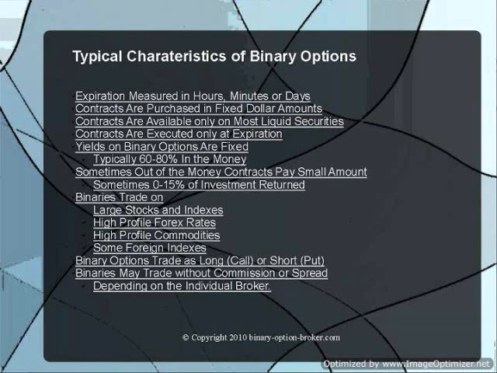Another difference is that there's no put or call premium on a binary option. Typically, a binary option is purchased for a fixed dollar amount, and the contracts are set at the spot price, so there's no put or call premium, and no spread between put and call price. You buy a fixed dollar amount on the binary option that you're interested in, and that option has a fixed payout.